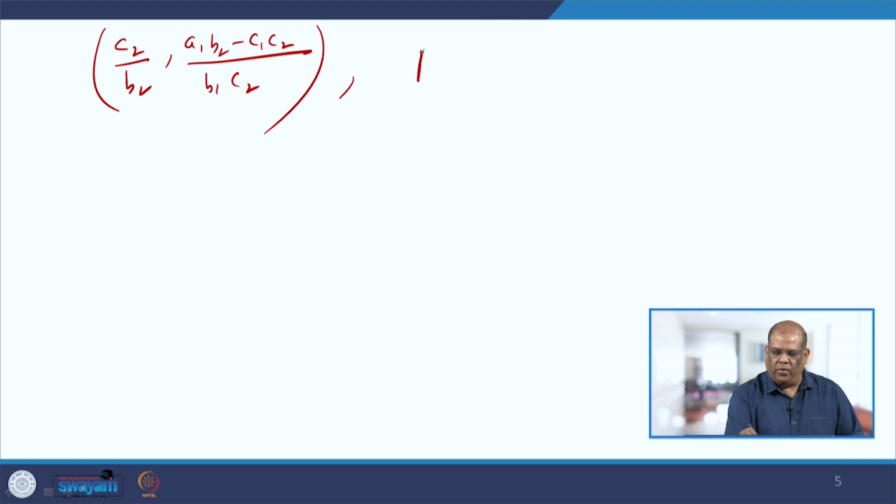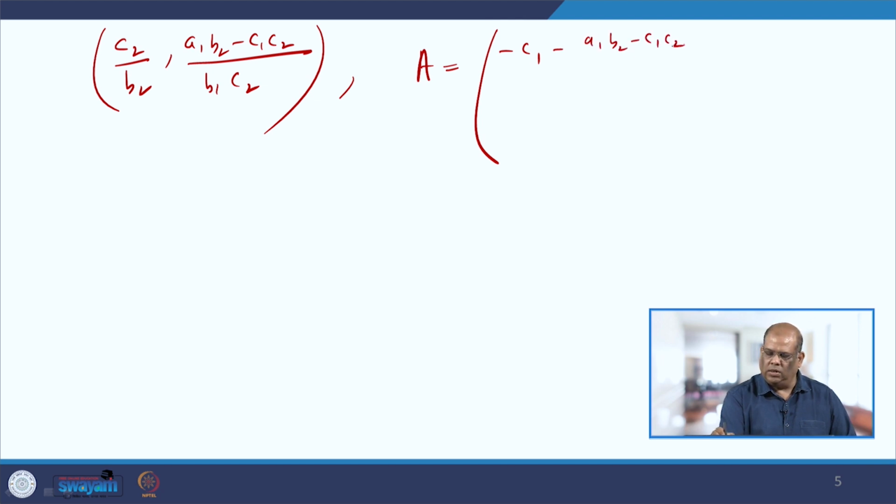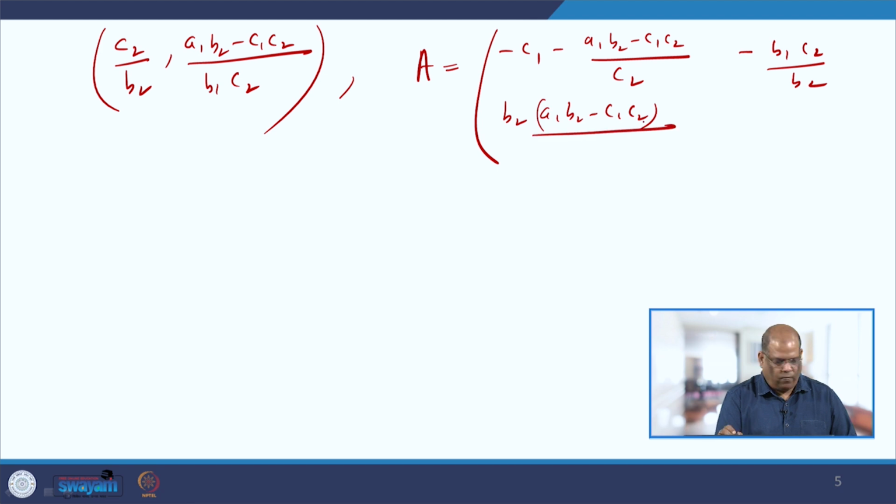If you substitute here, you will get your Jacobian matrix to be minus C1 minus A1 B2 minus C1 C2 divided by C2, minus B1 C2 by B2, B2 into A1 B2 minus C1 C2 divided by B1 C2, and 0. Now, for this it is better to calculate the characteristic equation.